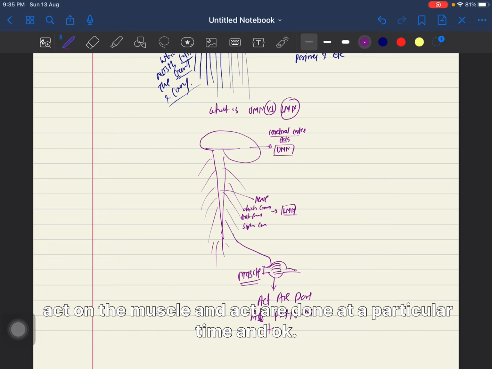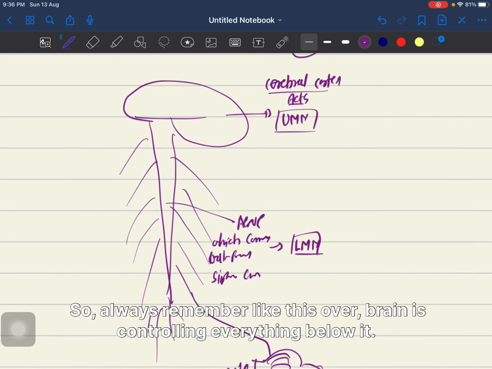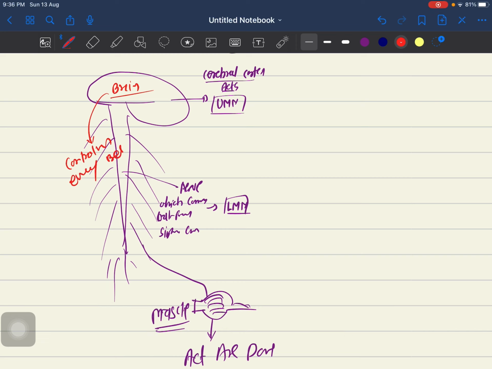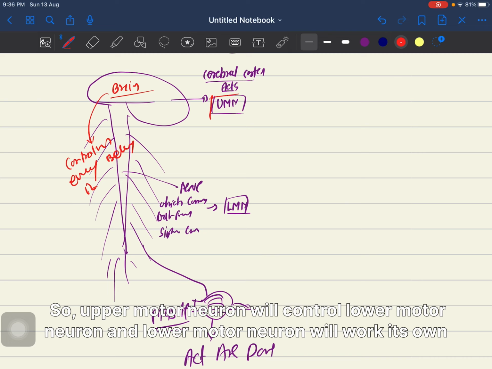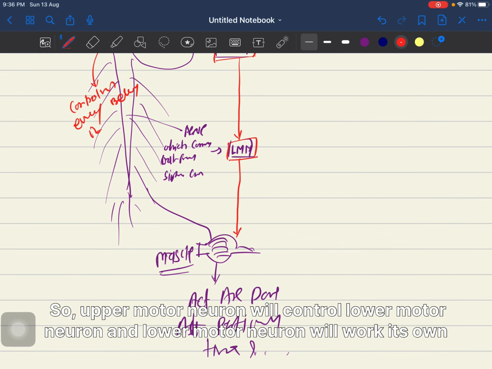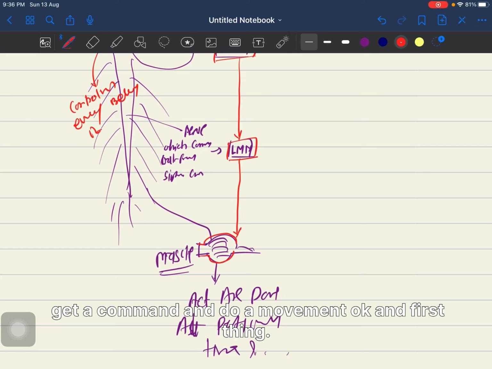Always remember, our brain is controlling everything below it. So the upper motor neuron will control the lower motor neuron, and the lower motor neuron gets a command and does a movement.